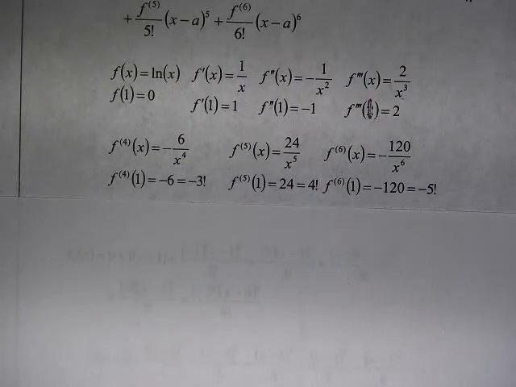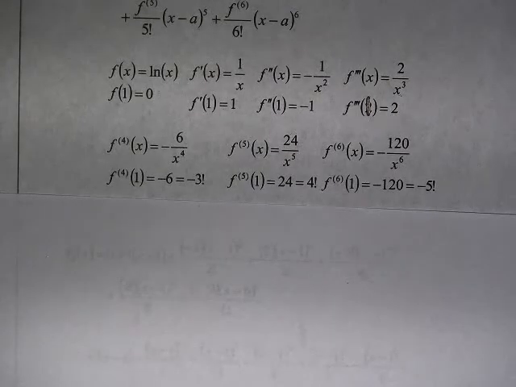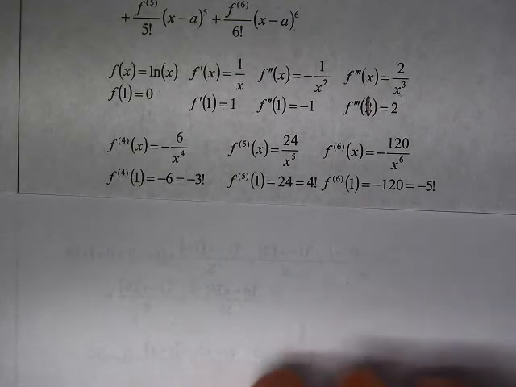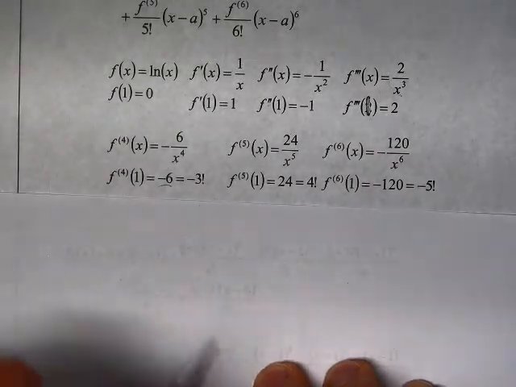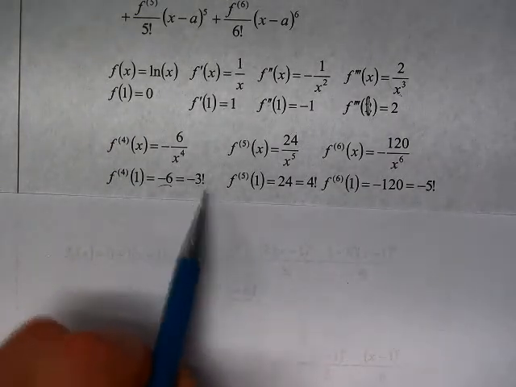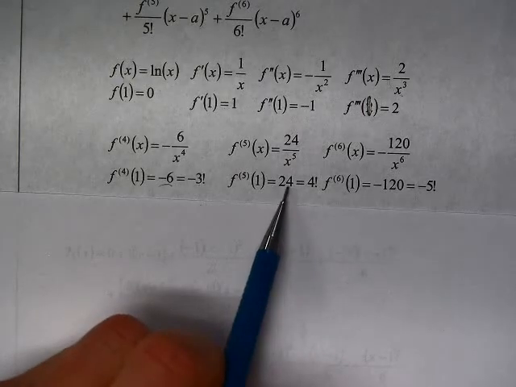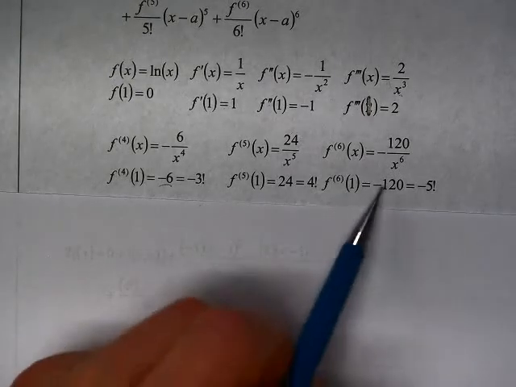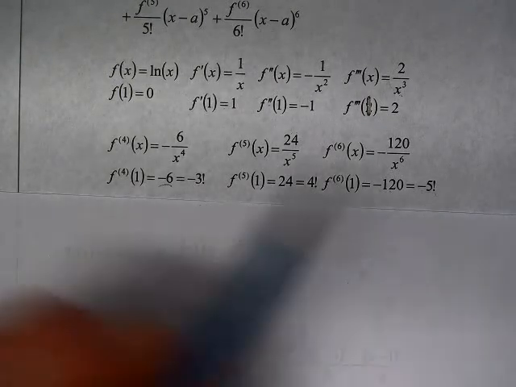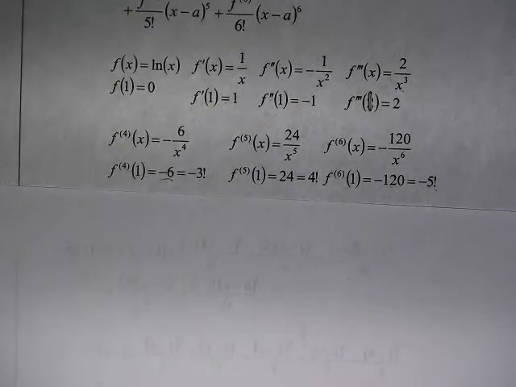When I plug in x equals 1, I get these values for those derivatives at x equals 1. Here I've rewritten negative 6 as negative 3 factorial, 24 is 4 factorial, negative 120 is negative 5 factorial. You can verify those if you like.